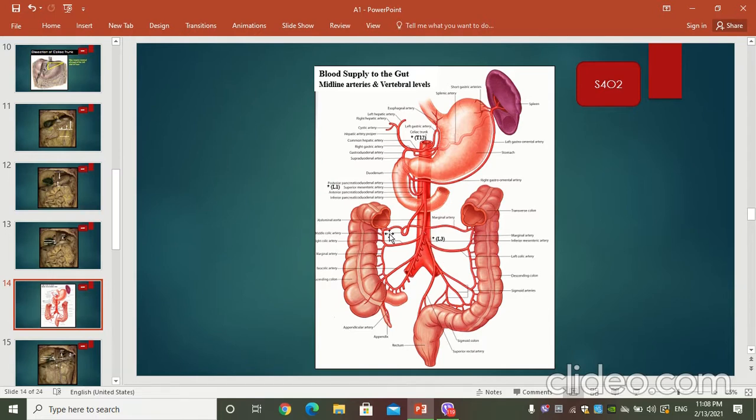So generally showing the arrangement of the arteries from the aorta that supply the gastrointestinal tract below the esophagus until the anal canal.